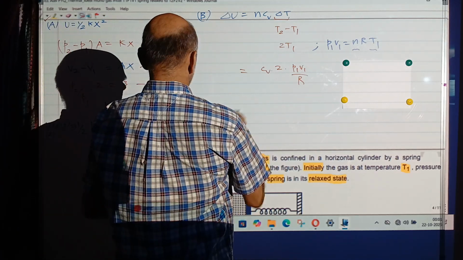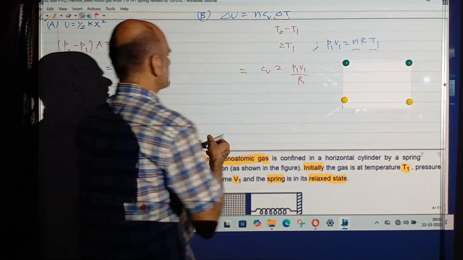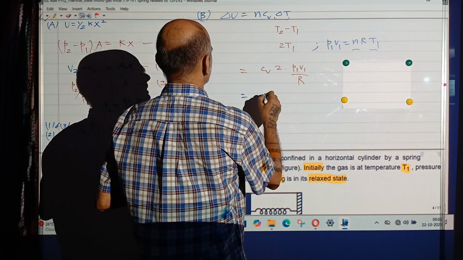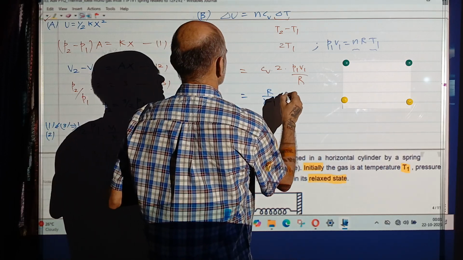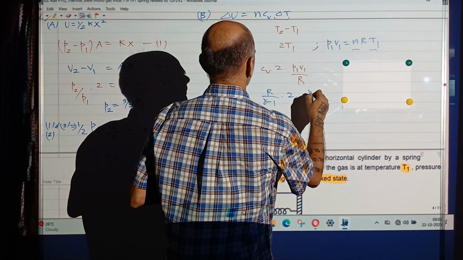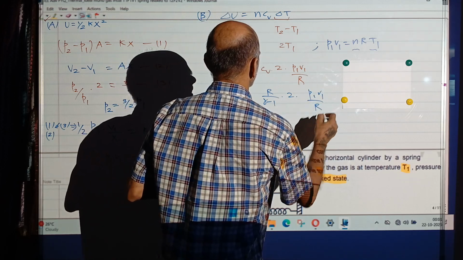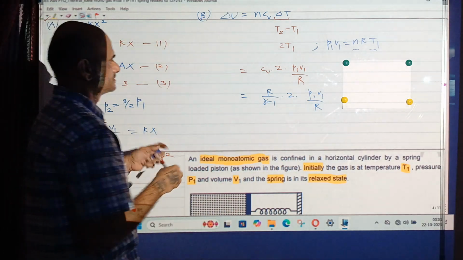And CV is R by gamma minus 1 for an ideal gas. So CV is R by gamma minus 1, into 2 P1 V1 by R. So R will cancel.